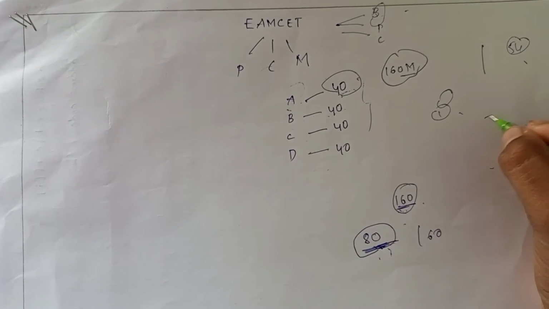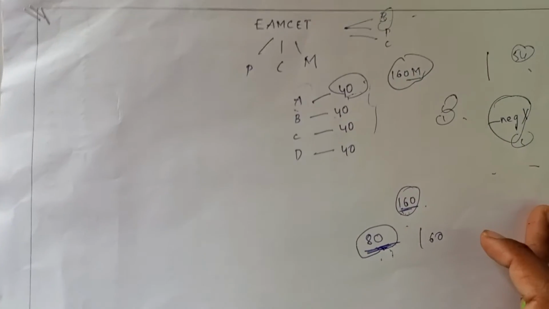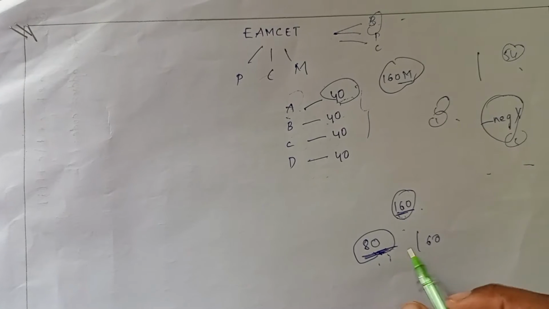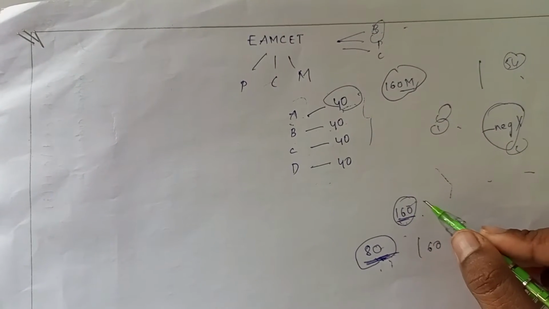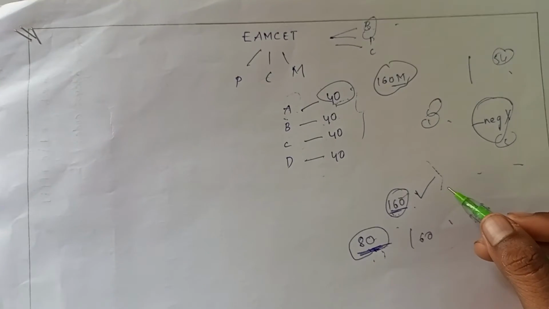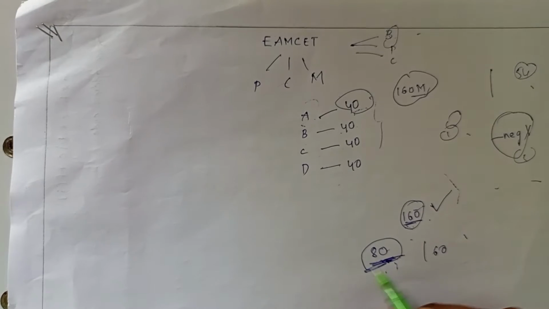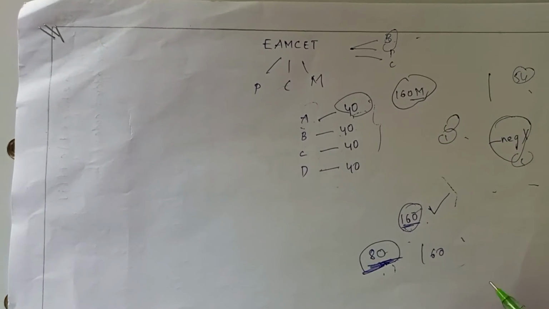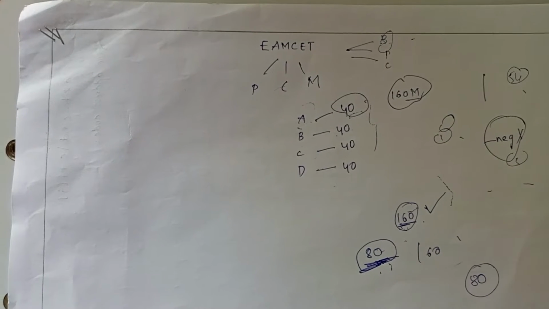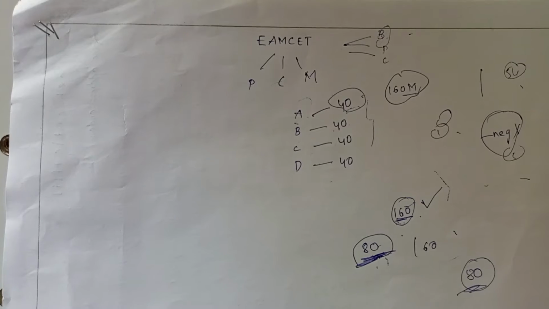There is no negative marking, so you can attempt all 160 questions. You can put any option. The other 80 you don't know, so you put whatever you want, randomly.